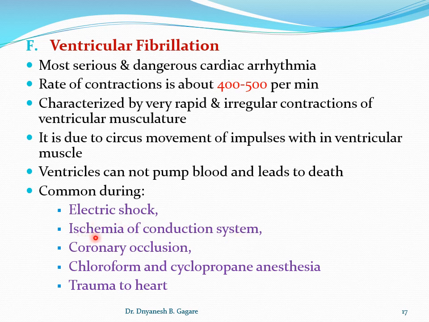In coronary heart diseases, due to blockage of the coronary artery, blood supply to the conduction system is blocked, and the part of the ventricle gets irritated, and it starts production of impulses at a very high rate. Okay, this is the second cause. Coronary occlusion, that is blockage in the coronary artery.